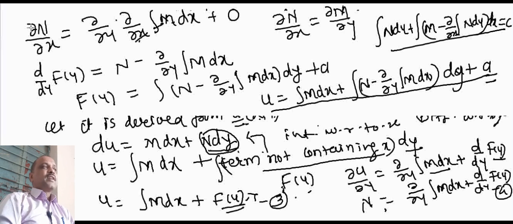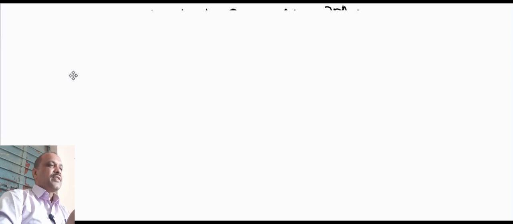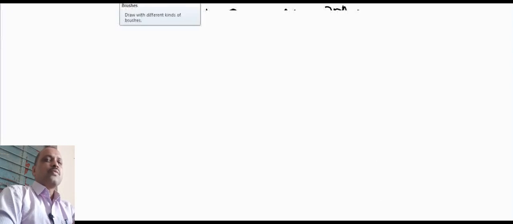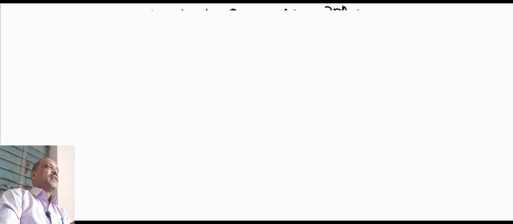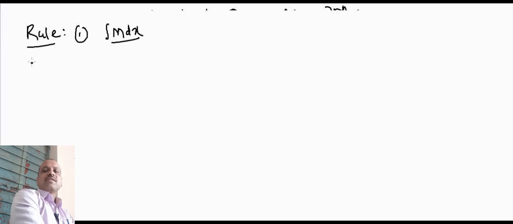So what is the exact rule of showing whether an equation is an exact differential equation, and when it is exact, how to find its solution? In short, we can write the solution by following this rule. First, integrate m with respect to x. This is the first step.